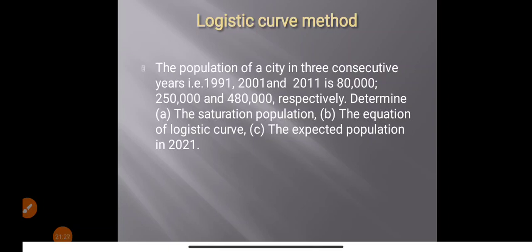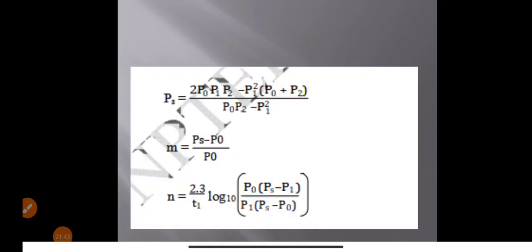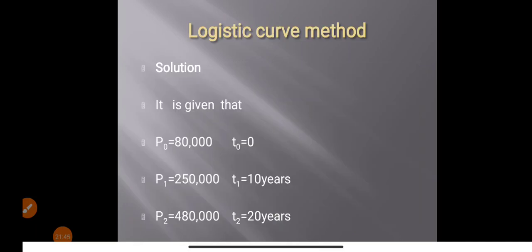Here some formulas are there and those formulas are very simple. First we have to find out the saturation population. Before that, we have to take down the decades, the data which is given, you have to note down like this.